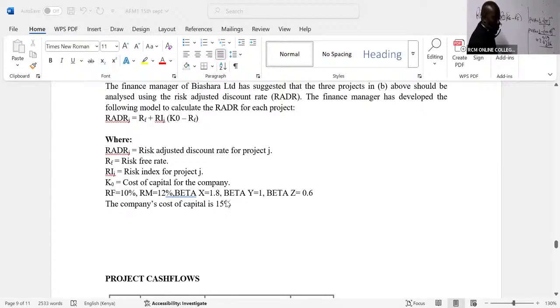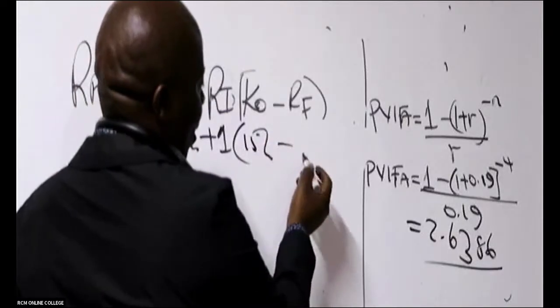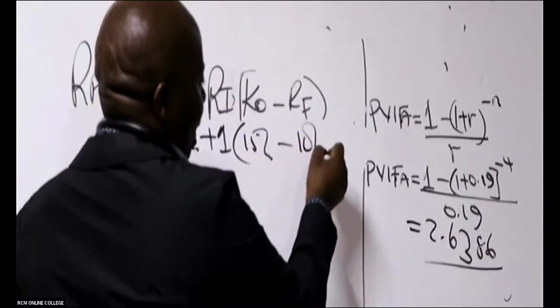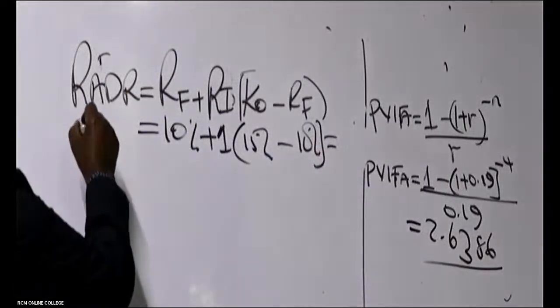The risk index for project Y, beta Y, is 1, times KO, the cost of capital of the whole firm, which has been given as 15%, minus risk-free, which happens to be 10%.